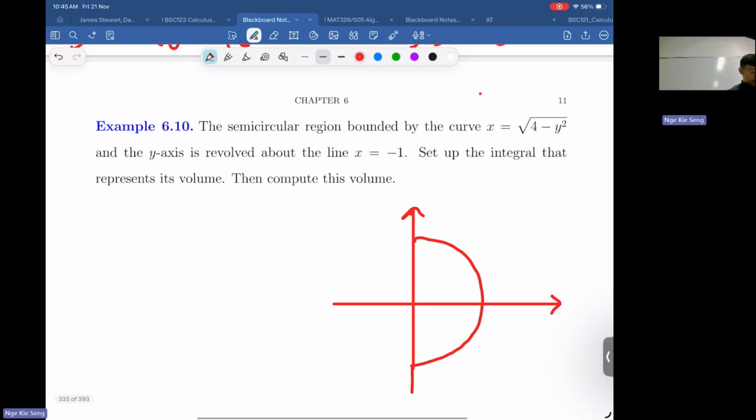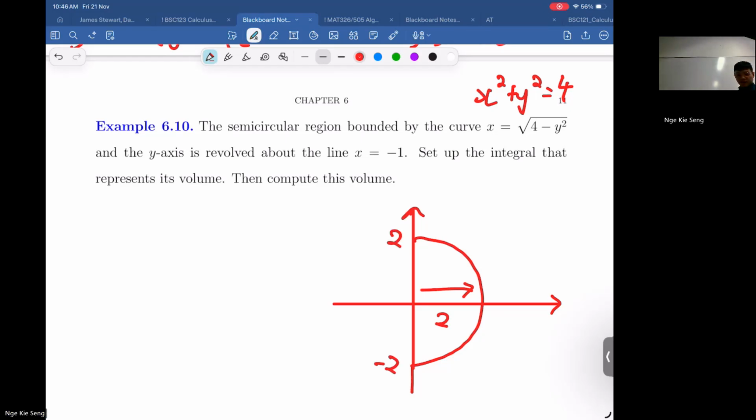This satisfies x squared plus y squared equals 4, so the radius here is actually 2. We can have -2 and 2 and the bottom like that, and this point is also 2. It is bounded by this region and the y-axis. So actually it's this part here.